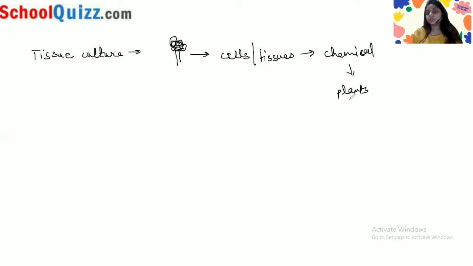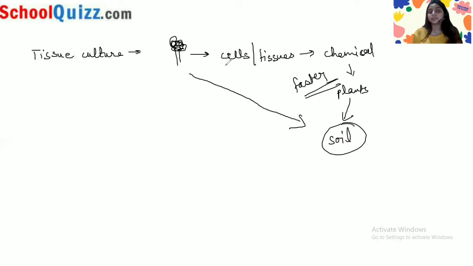When it is done, it will grow, and it is placed into the soil, and then the plant grows to the mature age in the soil. In this method the plant grows faster, so that's why this method is used, and it is basically used for most ornamental plants.